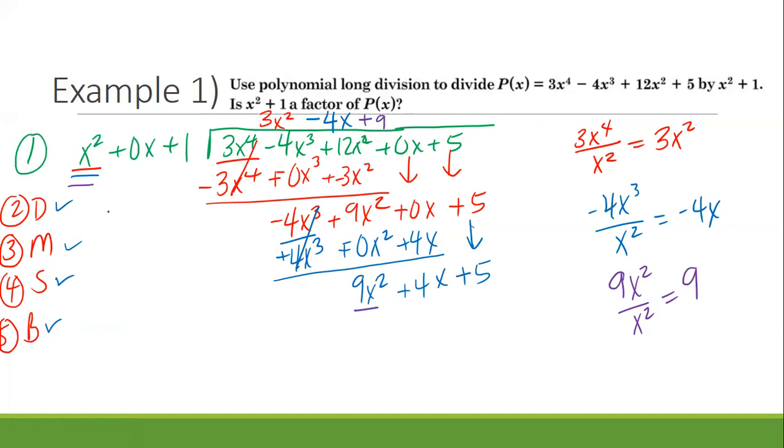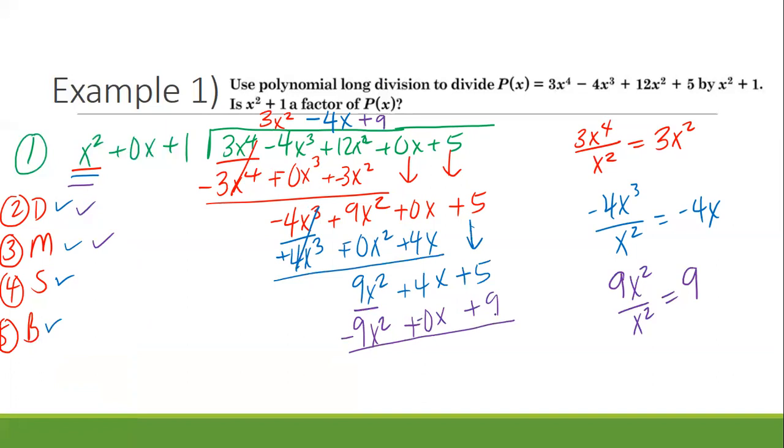Now we're on to multiplying. 9 times x squared is 9x squared. 9 times 0x is 0x. 9 times 1 is 9. Multiplication done. Now I'm going to subtract.